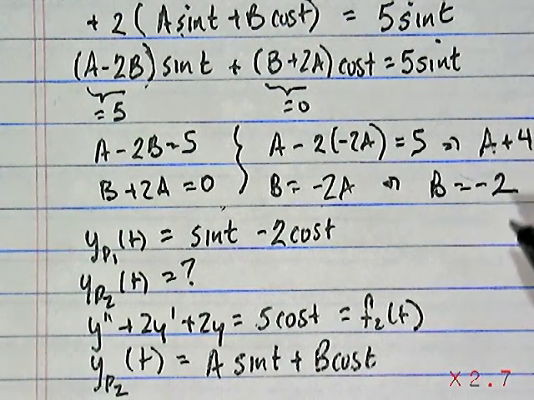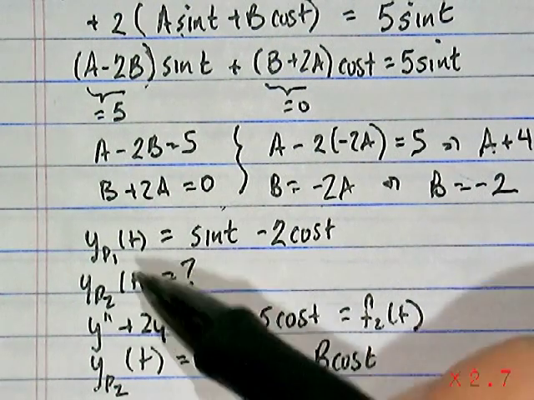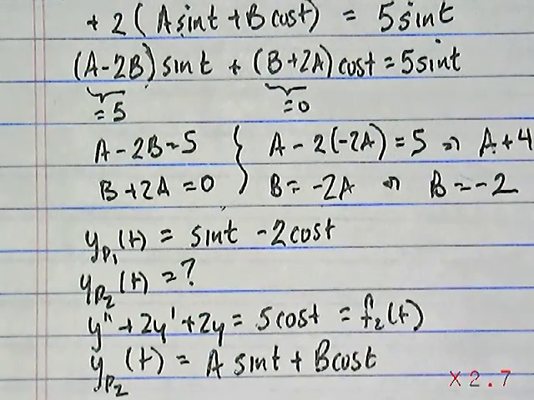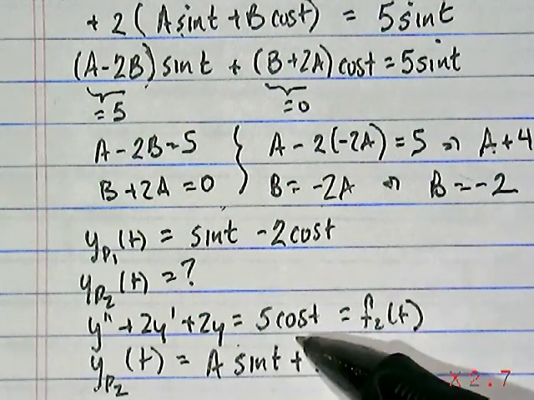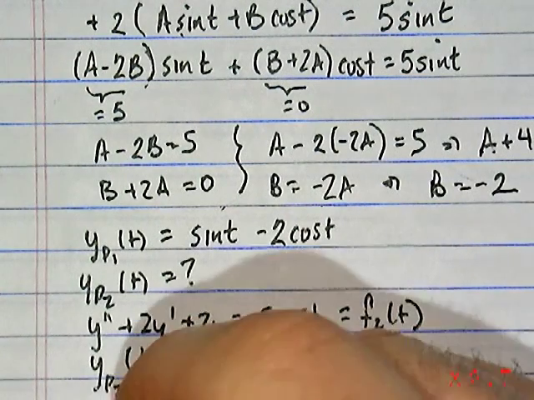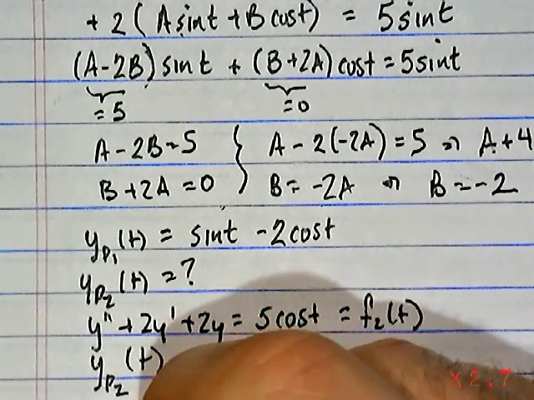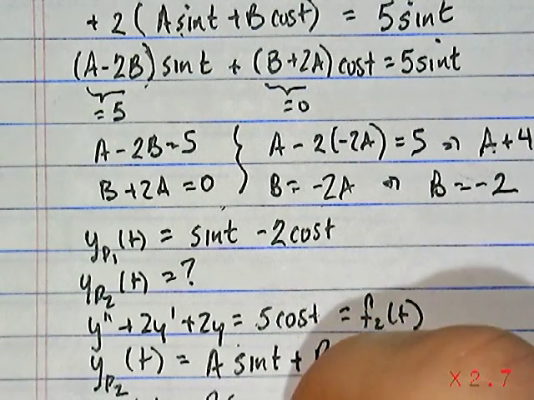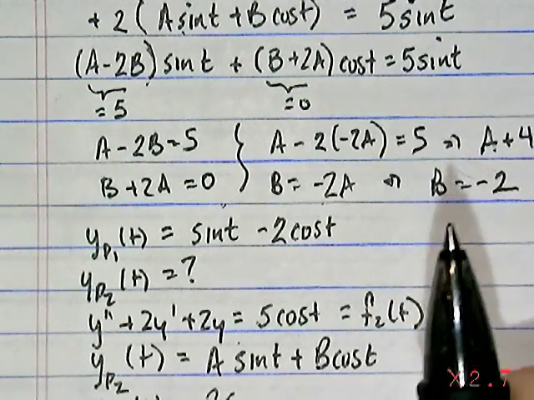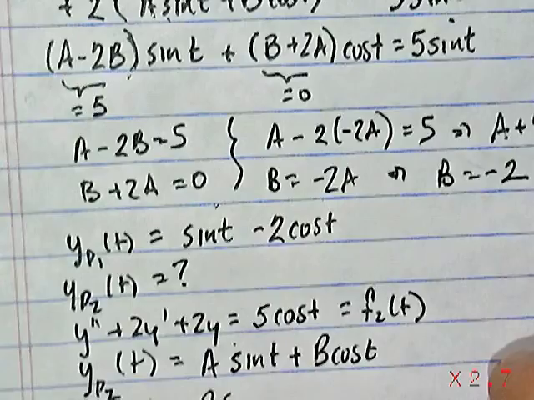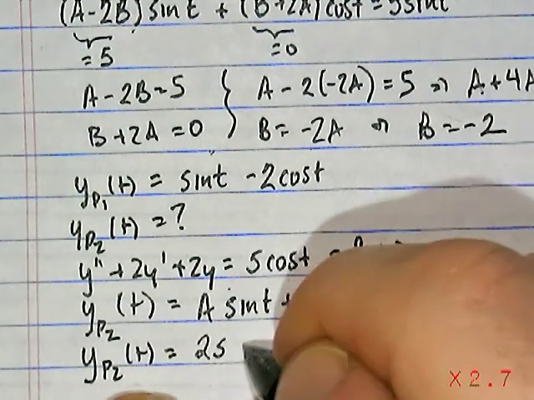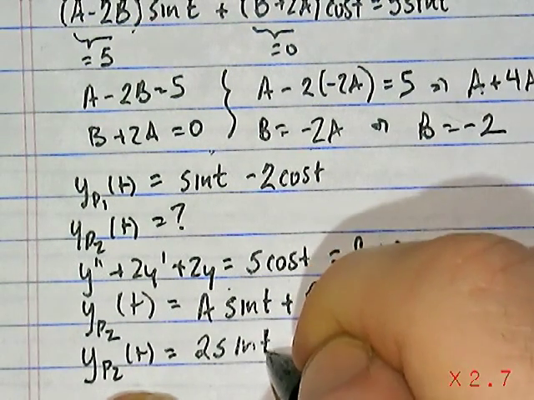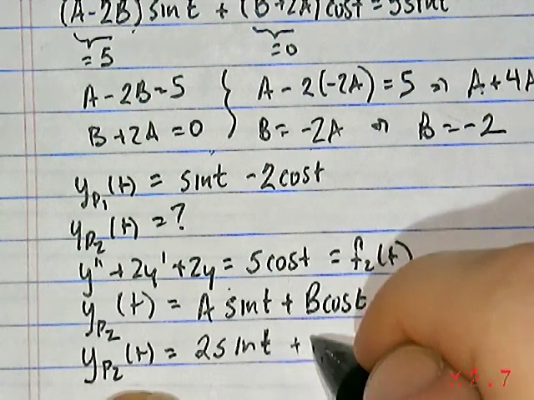And this, of course, is the same process we had before, where we're going to compute first and second derivatives, plug it into the left-hand side here, set it equal to 5 cosine of t. And just to save time here, what that will turn out to be is 2 sine t plus cosine t.